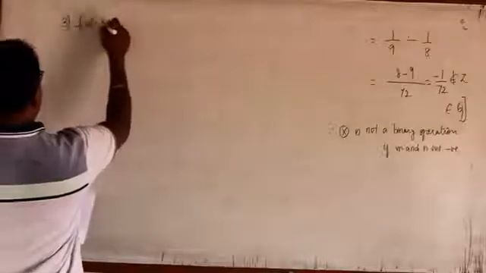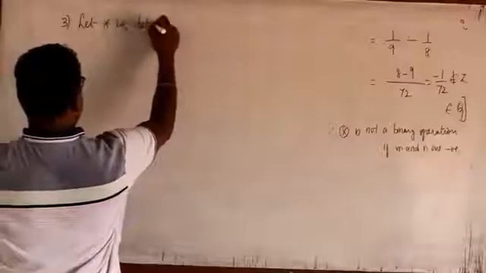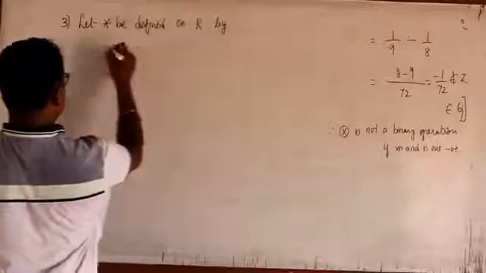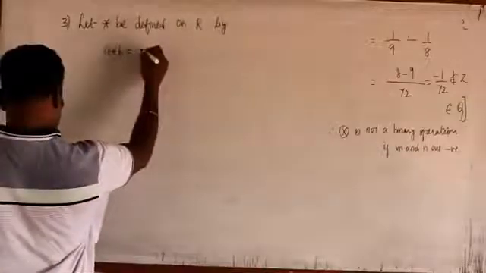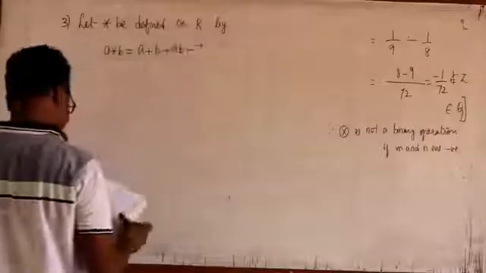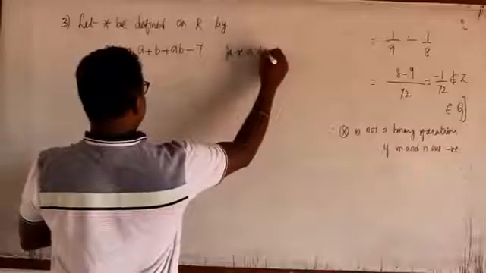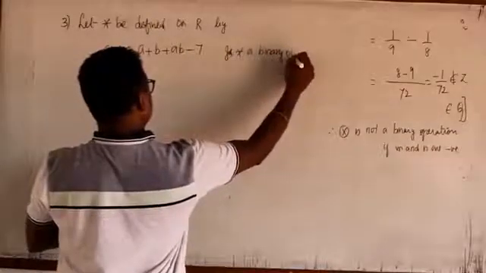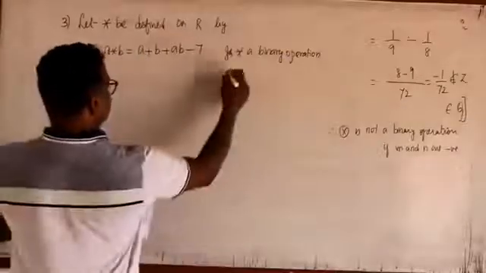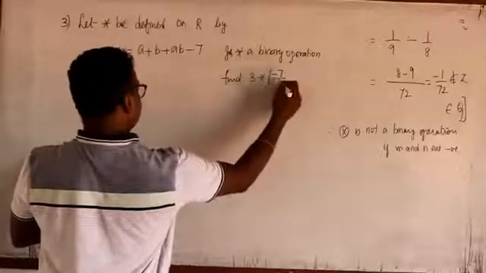Let star be defined on R by A star B equal to A plus B plus AB minus 7. Is star a binary operation? And also find 3 star minus 7 by 15.